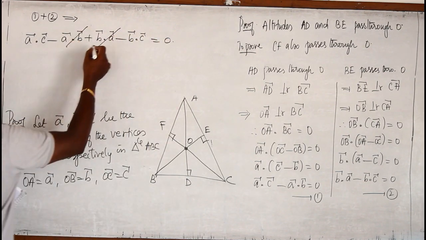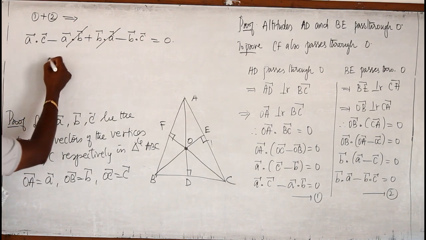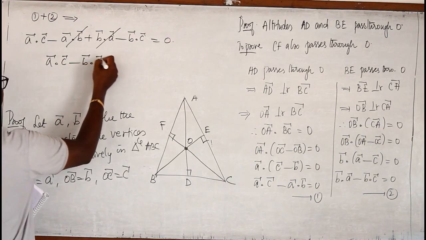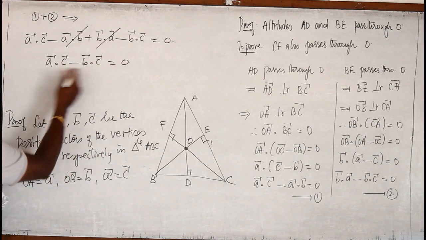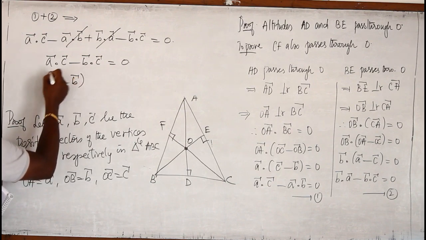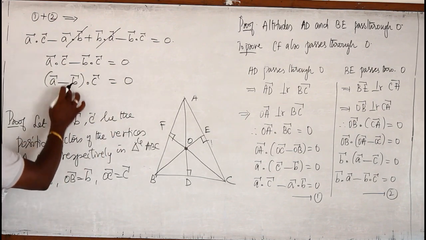So I can cancel A dot B and B dot A because B dot A is also A dot B. So what we have is A dot C minus B dot C equal to 0. If this is 0, it will be of this form: (A minus B) dot C equal to 0. So we can write this.